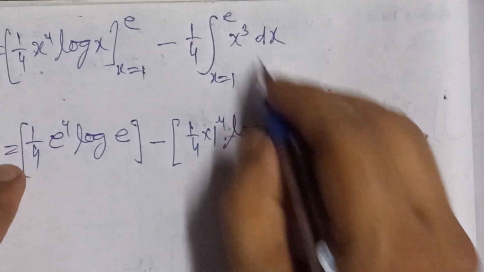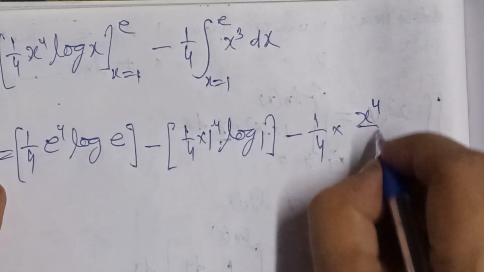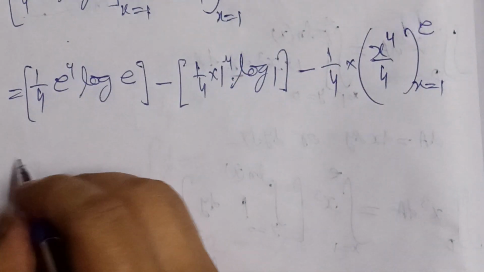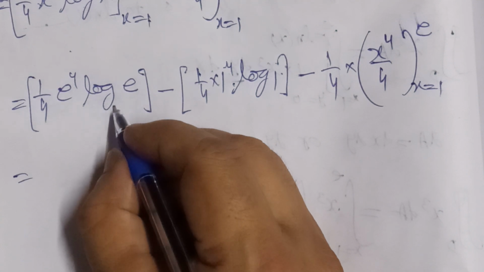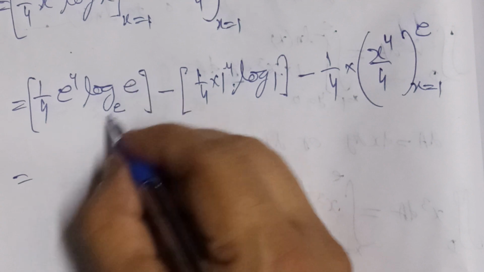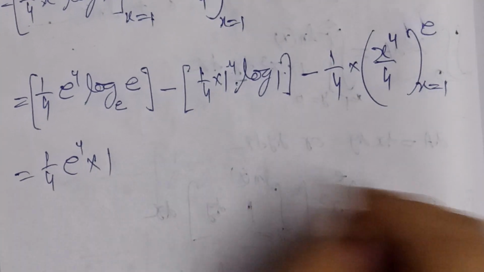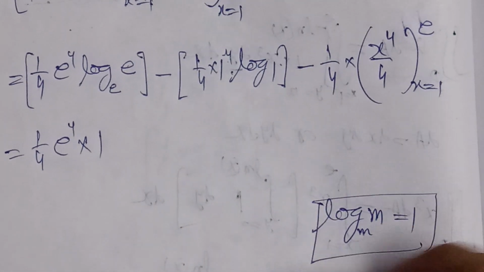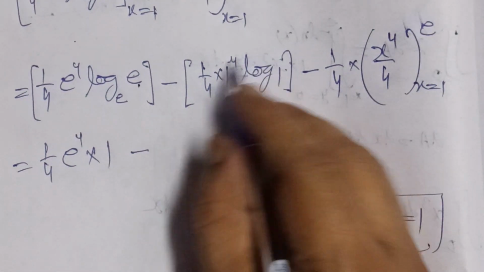Minus, now integrate this value, so it becomes x to the power 4 upon 4, from 1 to e. We know that if no base is written, then the base is e. When the base and the number are equal, log of m to base m equals 1, so this value is 1, minus log 1.